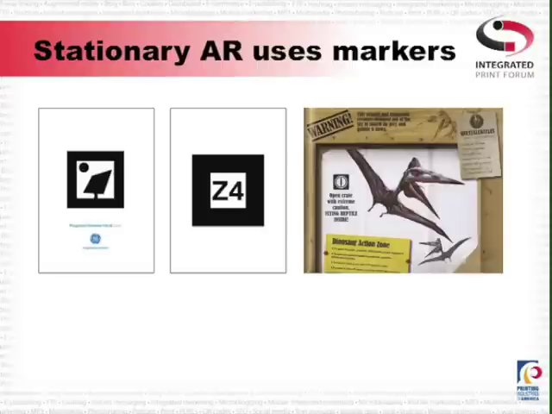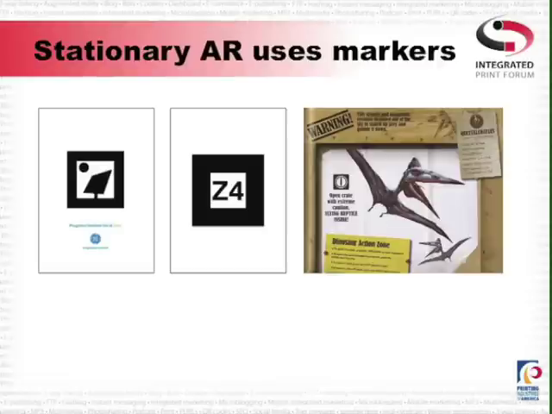So these are examples of stationary augmented reality markers. Okay, so you guys all have a marker in front of you. And this is what we're going to use. This is going to become our reference point for our augmented reality scene. So this is the marker, but a marker also could be a physical printed page in the book. This is from a children's book. It's called Dinosaurs Alive.